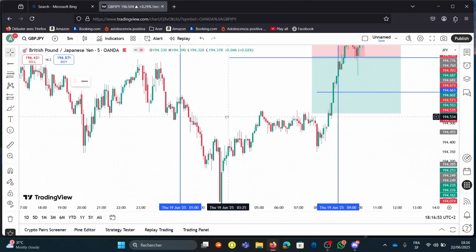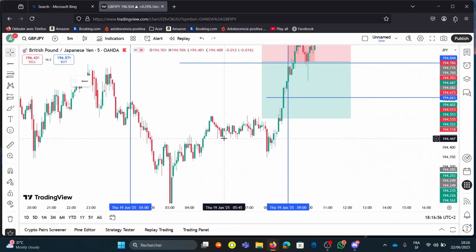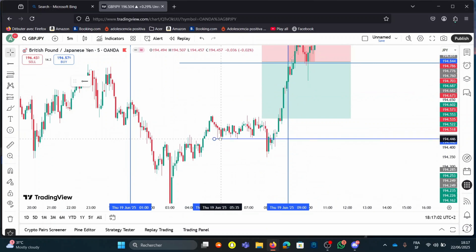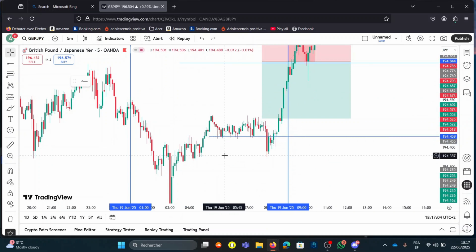Let me look. Yeah, for example, here. That's another good one. You could think again that here it's a break of structure, right? And effectively it goes under the body and the wick of this one, but it does not go under the wick of the leg down. It really has to go under the two. Those are the two requirements to make it a break of structure.